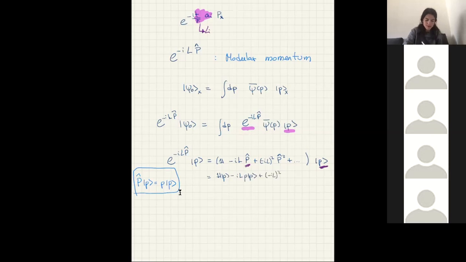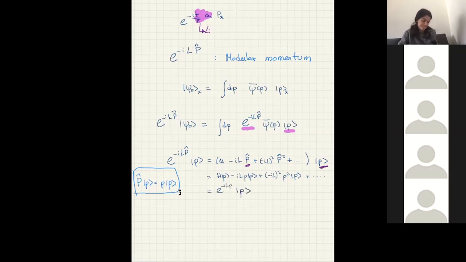And now p squared acting on |p>, what is it? Well, the first p acts on the vector and gives us the eigenvalue, and then the second operator acts on it again and gives us again the same eigenvector, so you just get small p squared |p>, which is just e to the minus i L small p |p>.